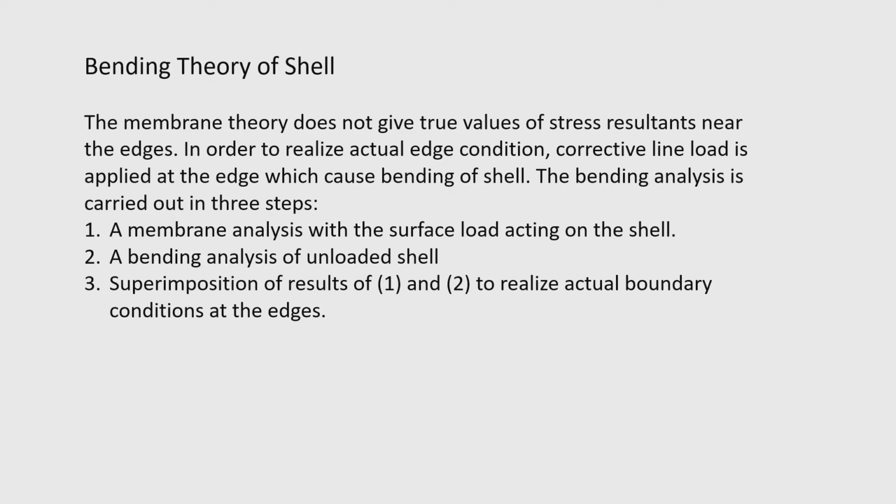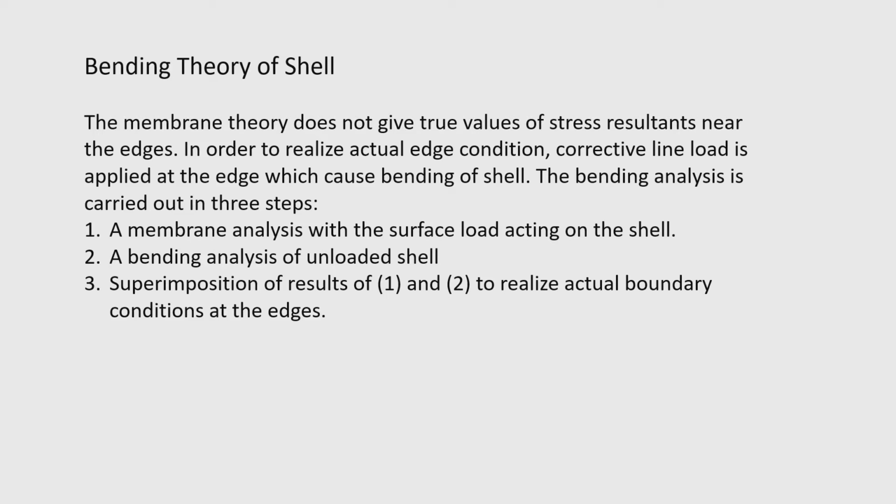If you recall this, the edge was free in some of the examples that I took up in the earlier classes, and then due to free edge, the shell at the edge should have 0 stress, but when we use the membrane theory and derive an expression, we found some stresses exist at the edges. So, that is giving wrong information on the nature of stress that is actually produced at the edges.